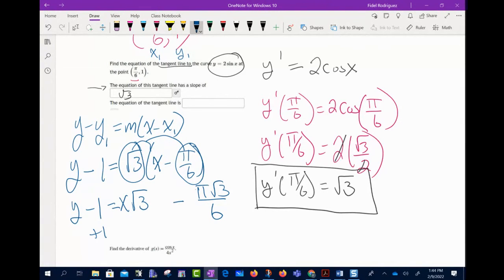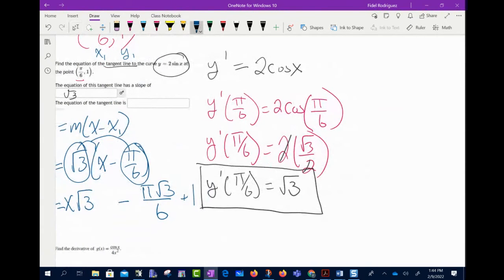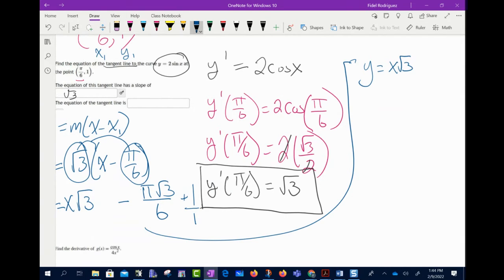Okay, everybody agree we now have to add 1 to both sides? Well, hold on. We're going to go really slow, but do you agree with me we're going to add 1? Okay, so let's get rid of these here. Look, y'all, I'm going to do this over here because I'm running out of room. We're going to have y equals x square root of 3. Now, can I write this 1 as 1 over 1? Is 1 the same thing as 1 over 1? Yeah. And anytime I'm combining fractions, don't I need to get a common denominator?